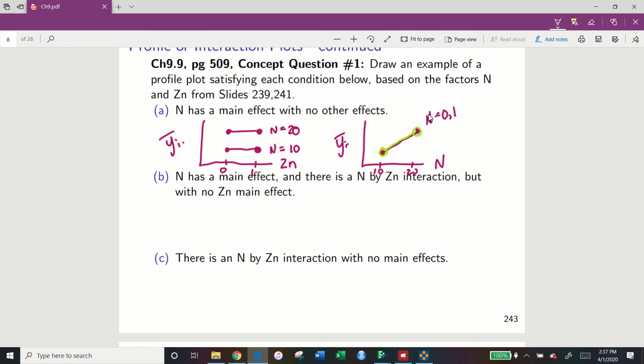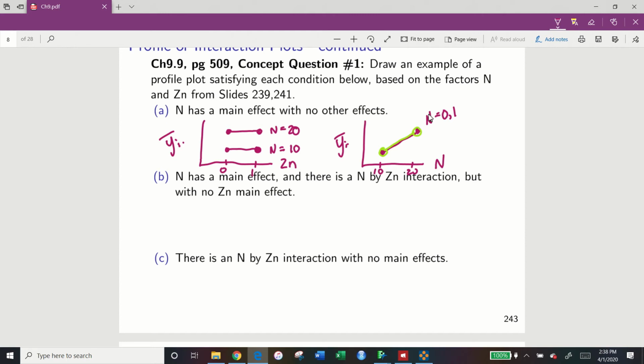For our fertilizer, if we're looking at pots with just different levels of zinc added, we wouldn't see a change in the weight of strawberries. We would, however, see a change in the weight of strawberries depending on the amount of nitrogen we've included.